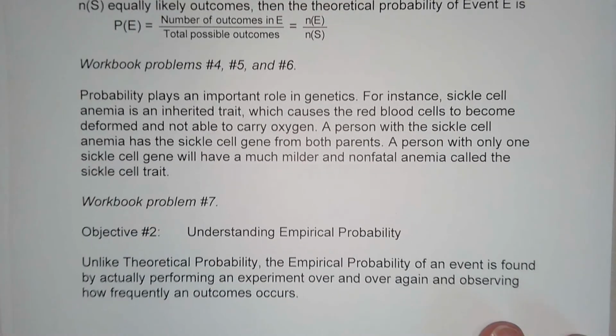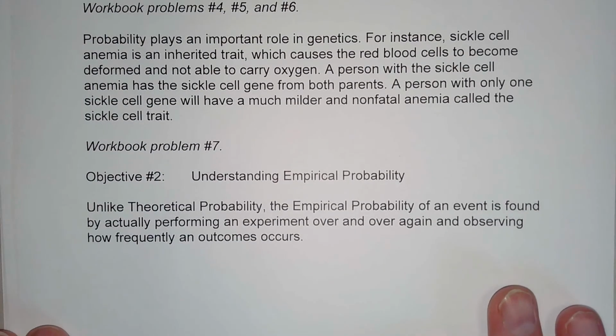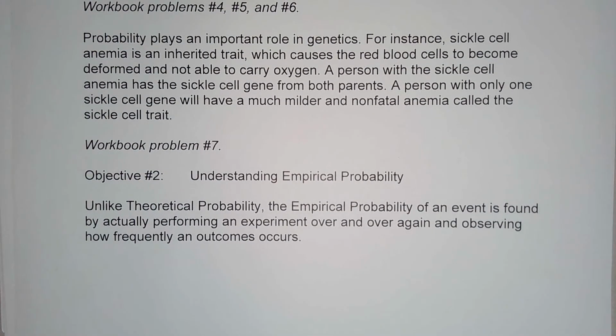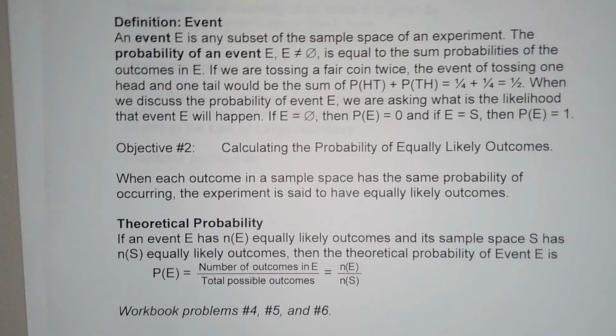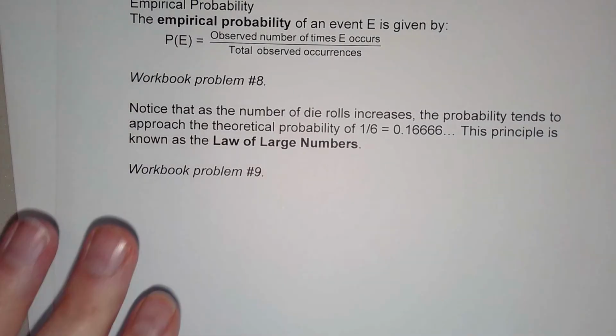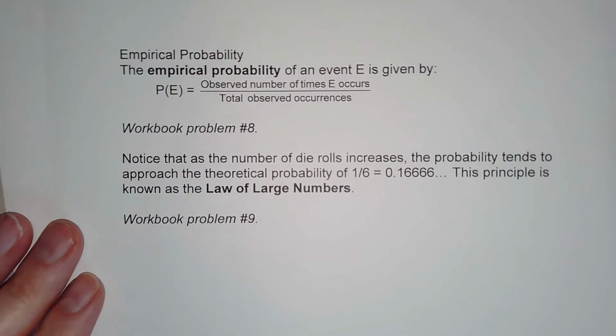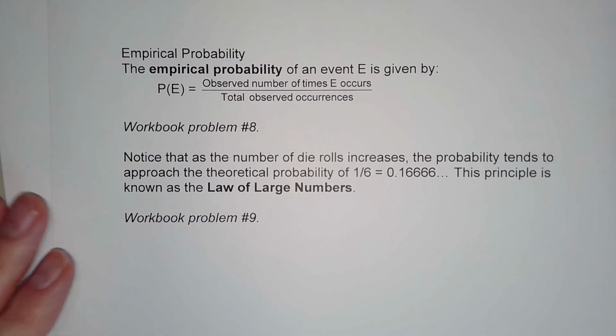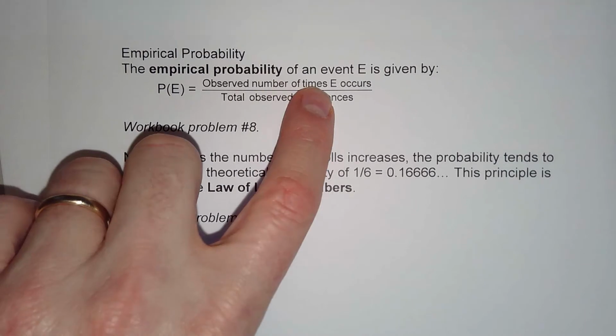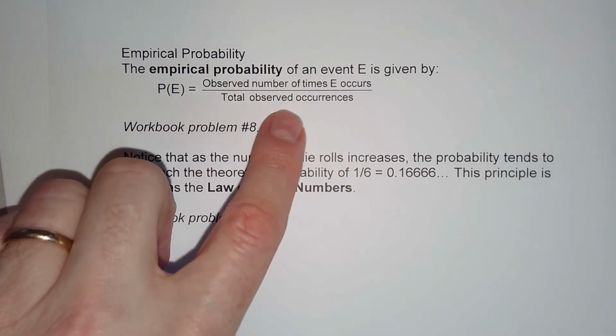Alright, so let's talk about empirical probability. Unlike theoretical probability, the empirical probability of an event is found by actually performing an experiment over and over again and observing how frequently an outcome occurs. So the empirical probability of event E is given by the observed number of times E occurs over the total observed occurrences.